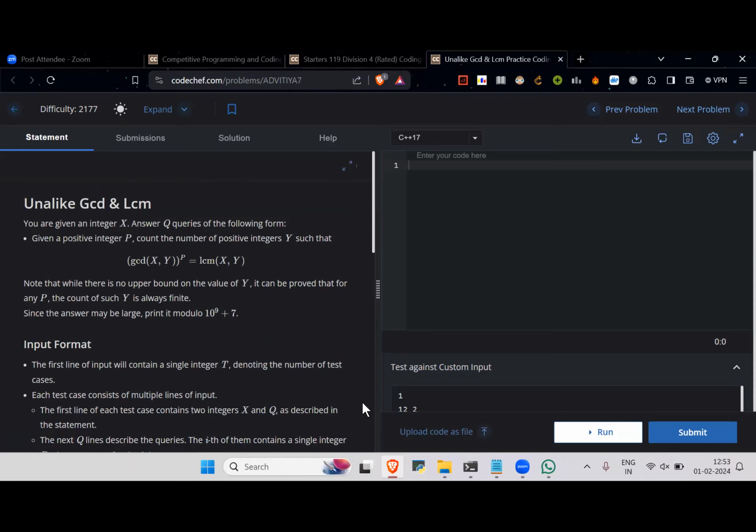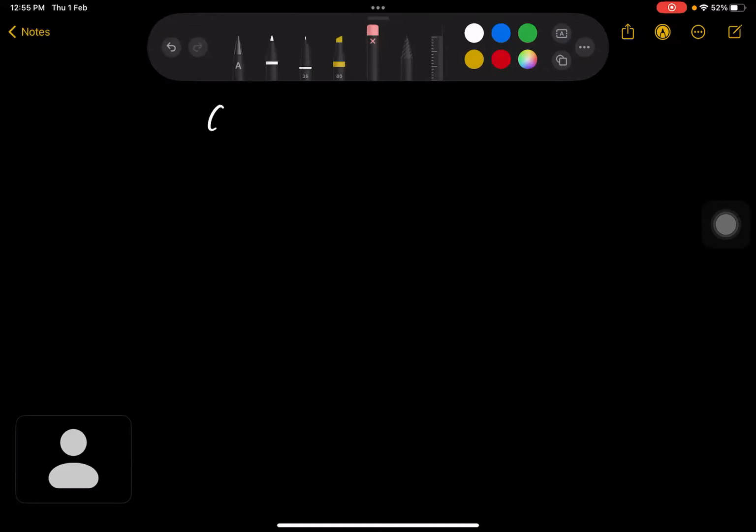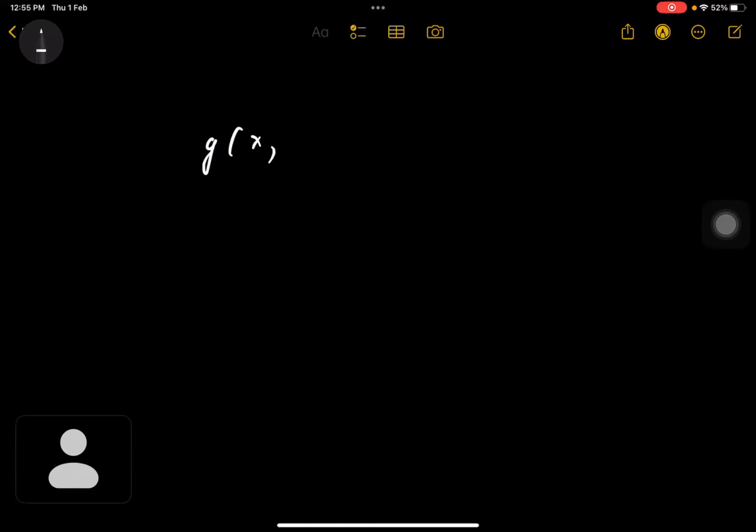So let's see how we can solve this question. In this question, if we write down the equation, we are given x as an input parameter, and y is something we need to find, how many y's exist.